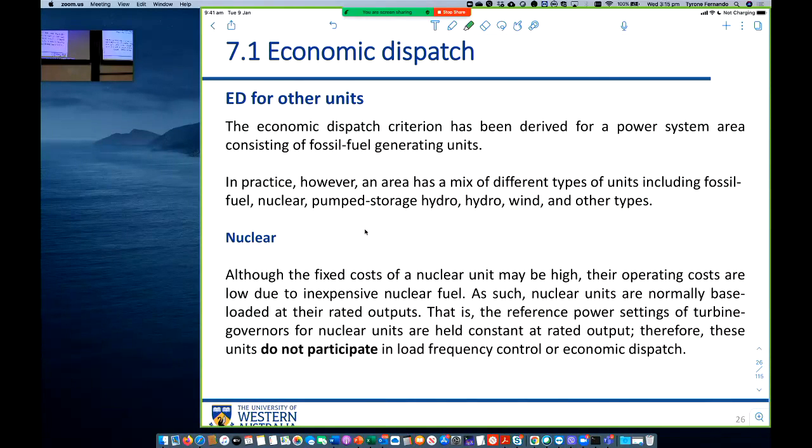Now, to be able to dispatch, renewable energy sources are not a dispatchable source because the generation is intermittent. So we cannot say this particular generator will generate a certain amount of prescribed power. So it's not a dispatchable source.